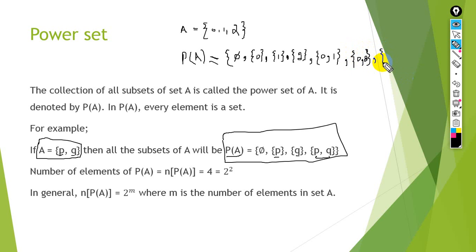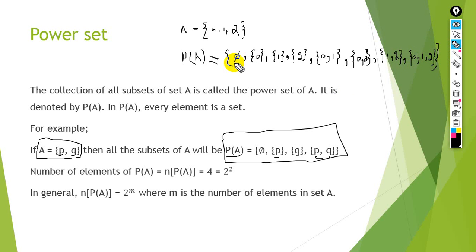Then it will start from 1, and 1 and 2 will be in the set, and then we will take the set itself. We take the set 0 1 2 inside. This is the power set. So I will close the power set.